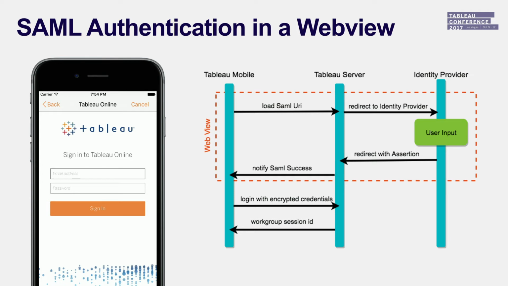But the key thing to note here is we enter the credentials, or we answer the challenge questions, in a webview, which is displayed by the IDP, the identity provider. And then the IDP verifies. And if everything checks out and the user is recognized, it redirects back with an assertion, and the Tableau server then issues a workgroup session ID to the mobile app.